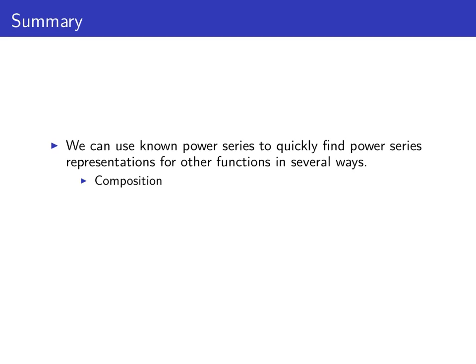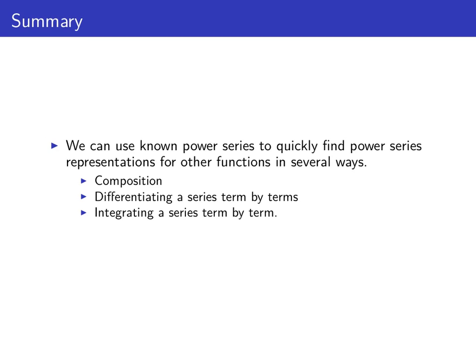And in this screencast, the methods we used were composition, for example, finding the series representation for e to the x squared based on the series representation of e to the x. We also differentiated series term by term to get a series for the derivative of a function. And we integrated series term by term to get a series representation for an antiderivative of a function.